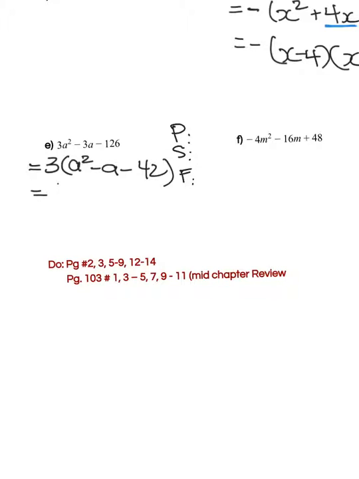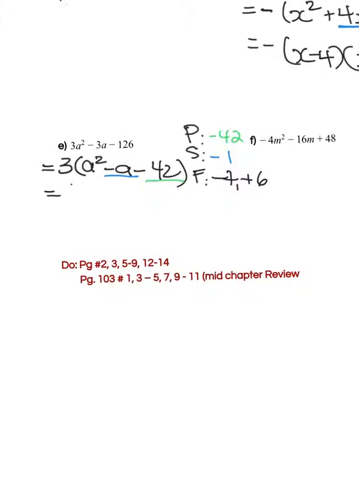I need two numbers that when I multiply them together, I'm going to get negative 42. And when I add them, I'm going to get negative 1. Okay. And that is going to be negative 7 and positive 6.